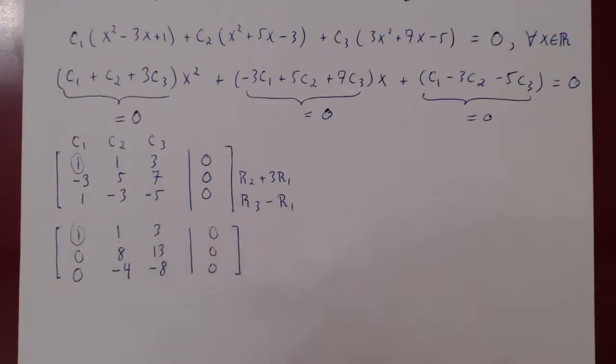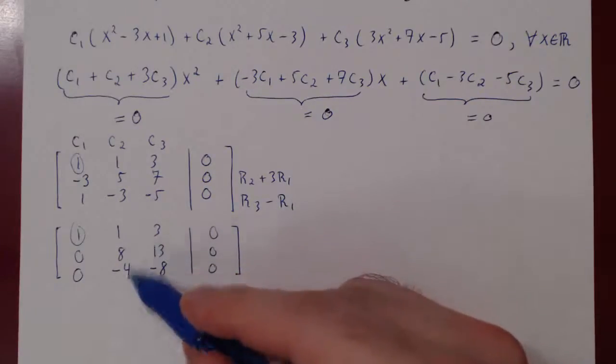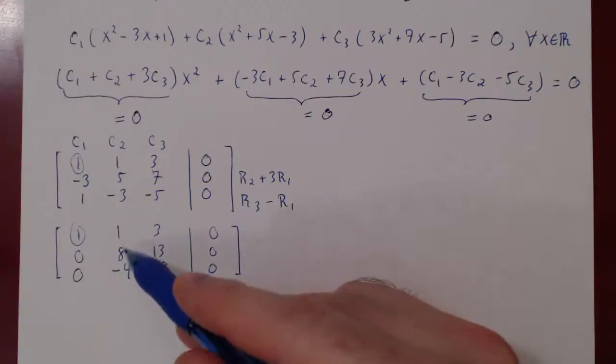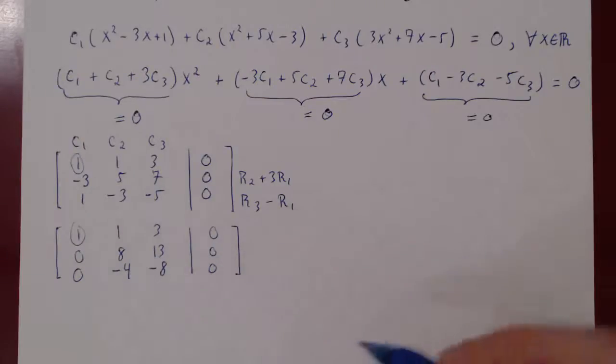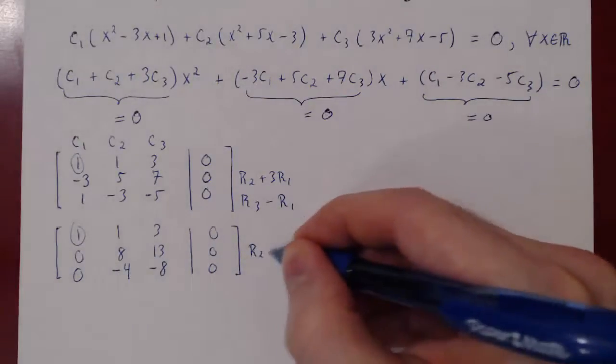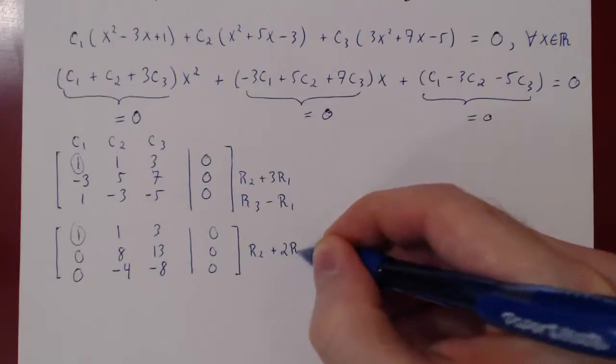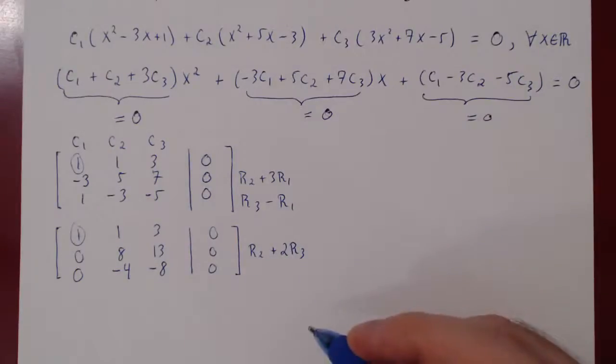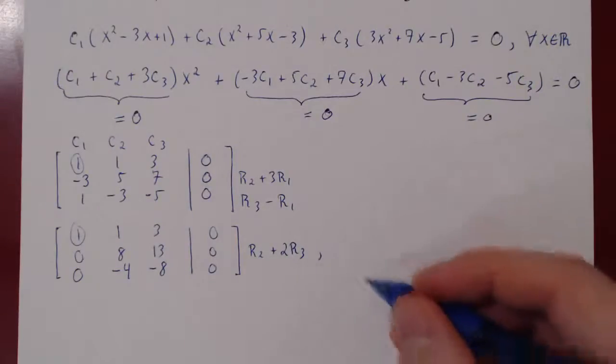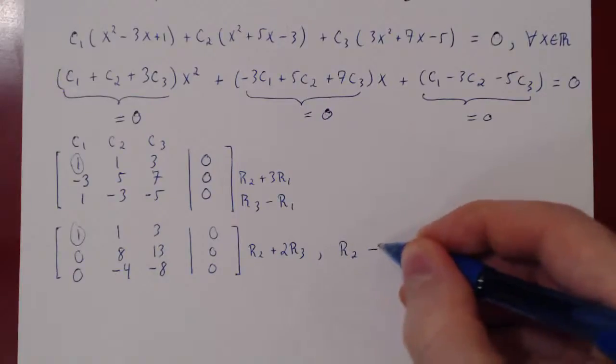Let's get our second leading 1. What we can do here is kill off the 8 with the negative 4 by doing row 2 plus 2 row 3. And then I'll swap row 2 with row 3.